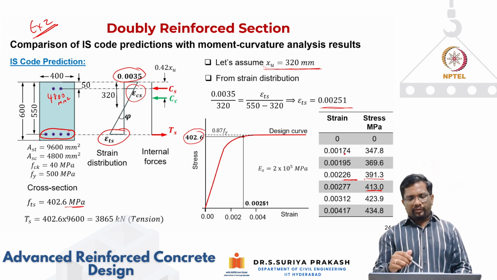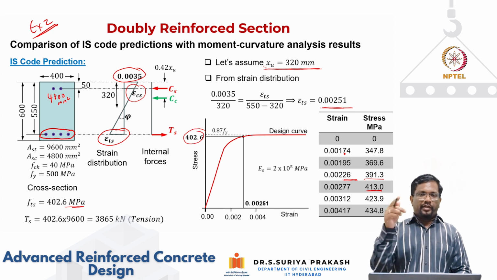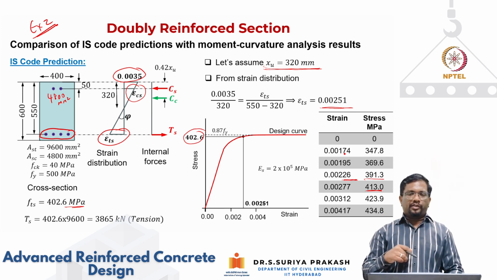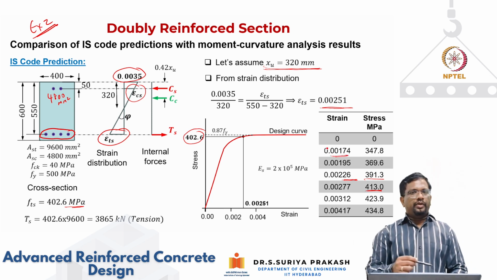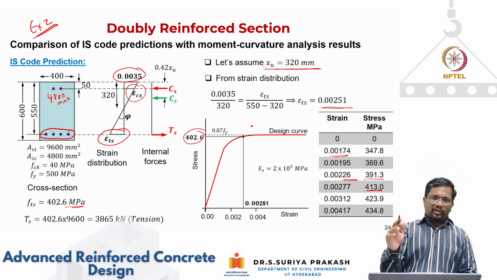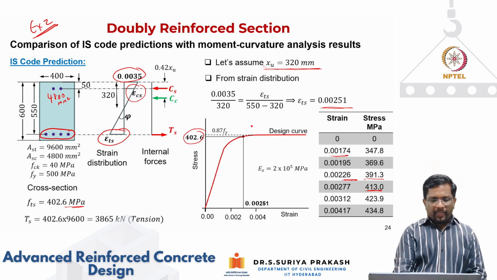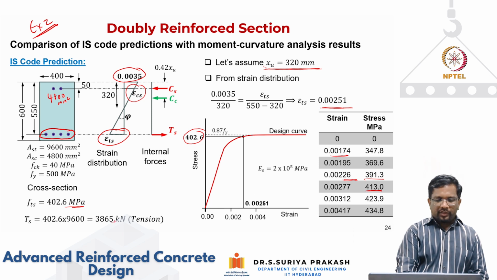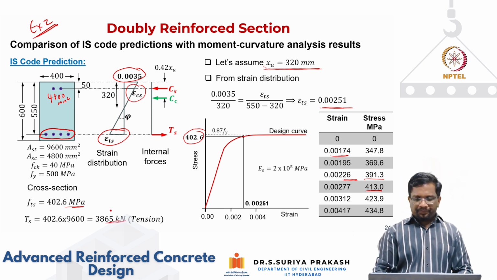When the strain is less than 0.8 fyd, that is less than 0.00174, you can directly multiply by the elastic modulus. But here I am in the in-between range where the stress strain curve is non-linear, so we have to interpolate based on the values given here. When you substitute, you get a tension force of 3,865 kilonewton.